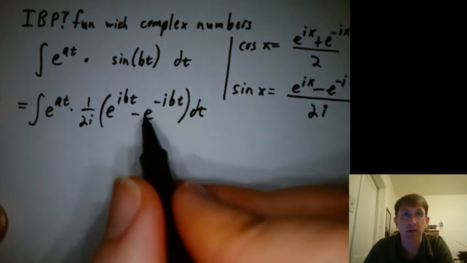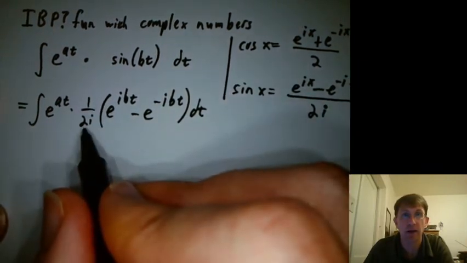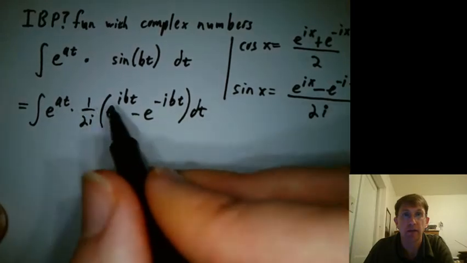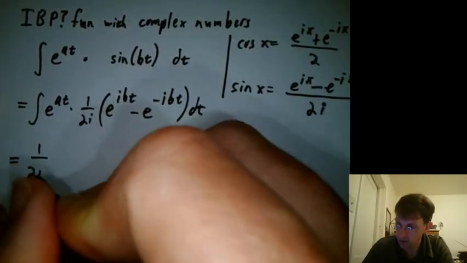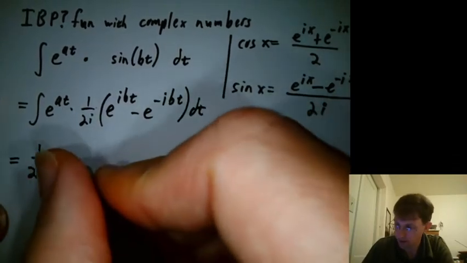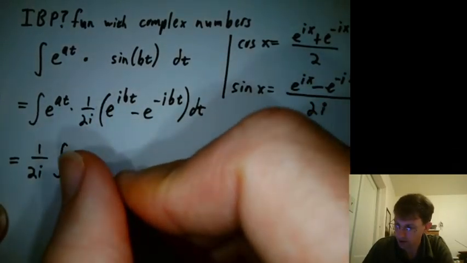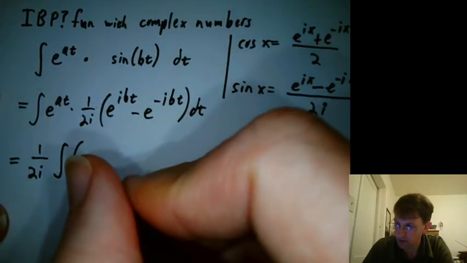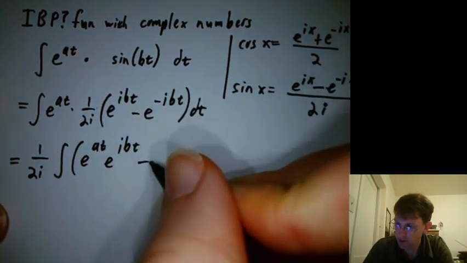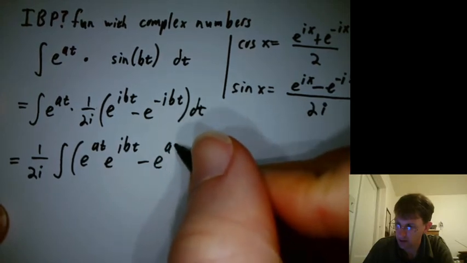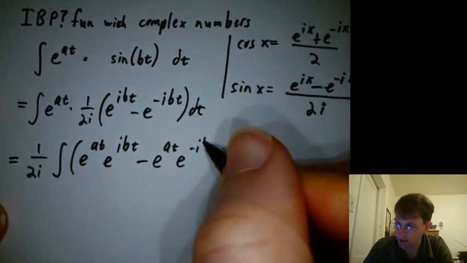Let's move out the 1 over 2i and distribute the e to the at. So 1 over 2i is a constant. I'll take the integral and then distribute the e to the at. So we have e to the at times e to the ibt, minus e to the at times e to the negative ibt.